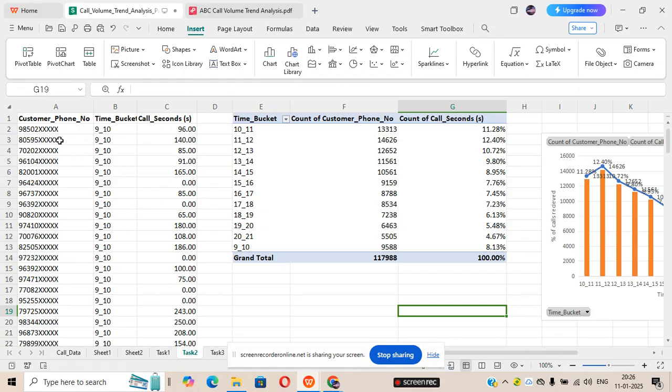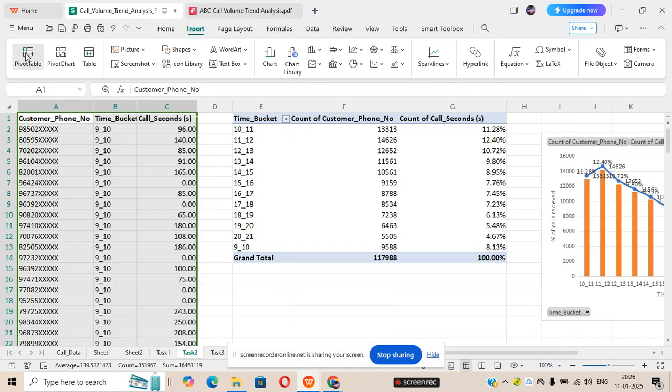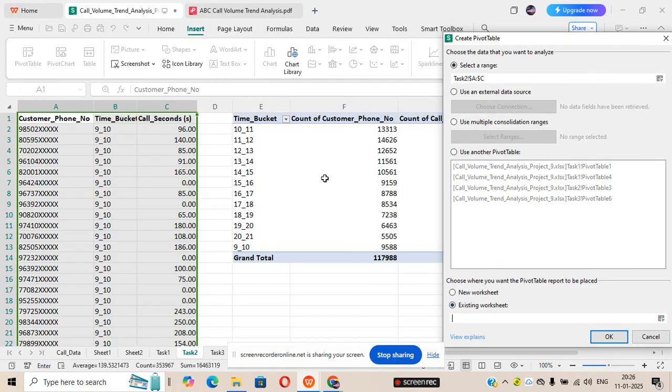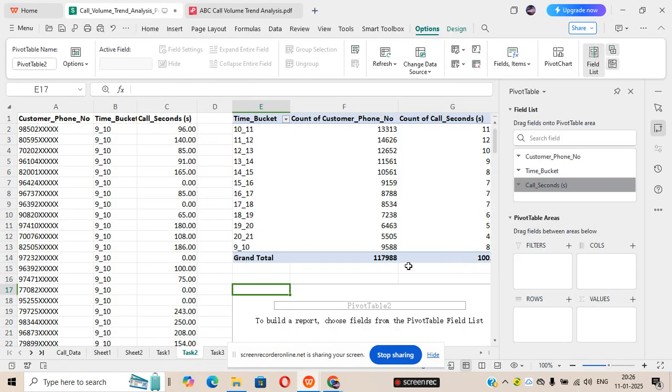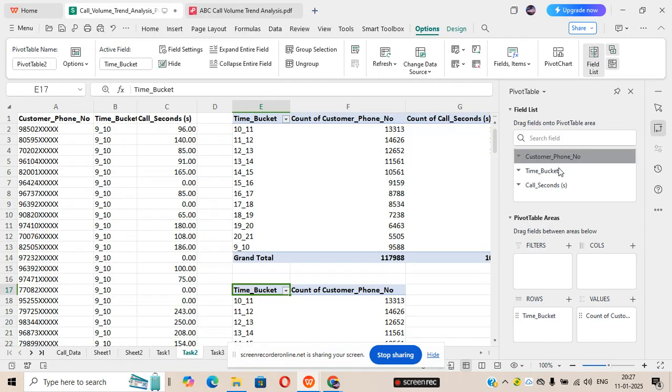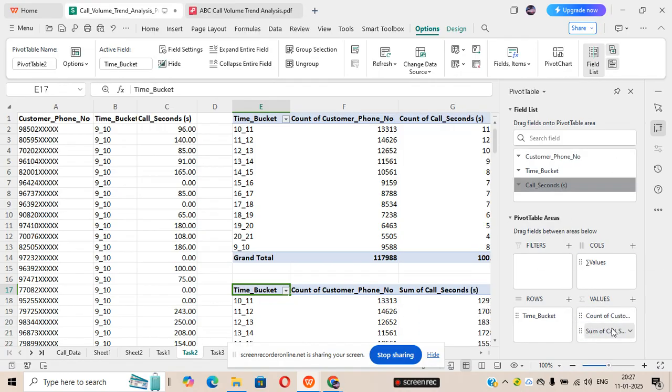For task 2, I have taken customer phone number, time bucket and call seconds, and created a pivot table for it, by selecting all this, inserting a pivot table, taking an existing worksheet and selecting a cell to show it. In the same way, moving time bucket to rows and customer to count and call seconds to count.